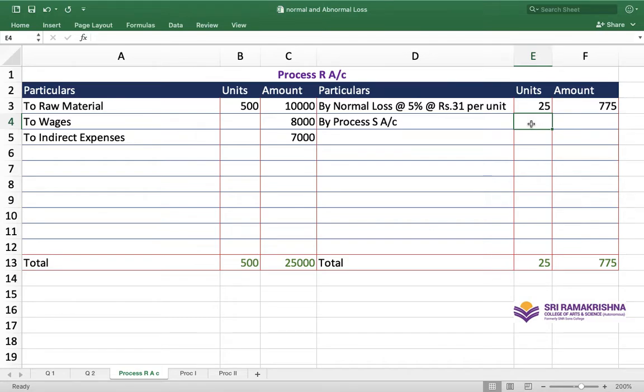Out of 500 we have to subtract these 25 units. The balance we'll be having is 475 units.